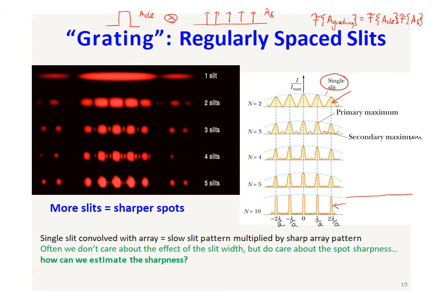The maxima of this interference pattern due to the delta functions is going to occur at the same place as they would for Young's double slit. However, the width of these is going to change according to the number of slits we see. So let's see how we can measure the width or even predict the width of these patterns.